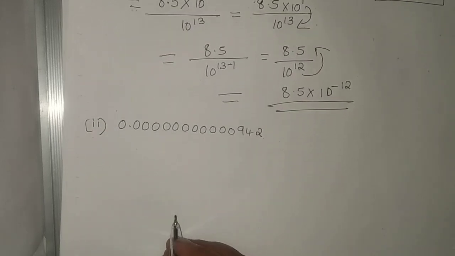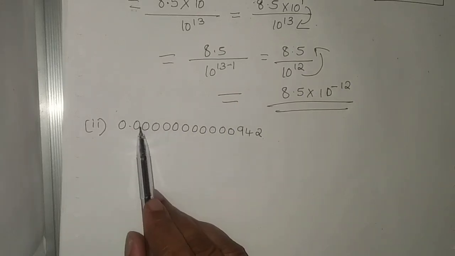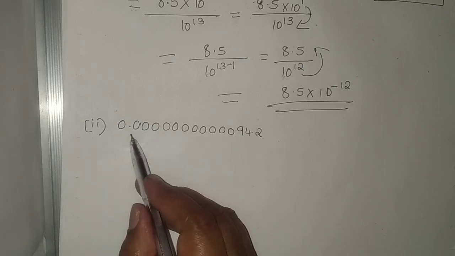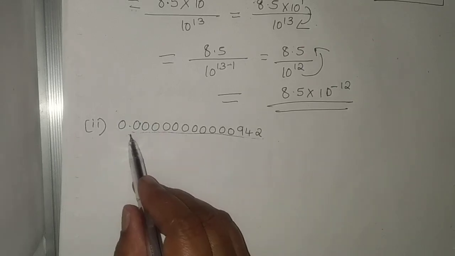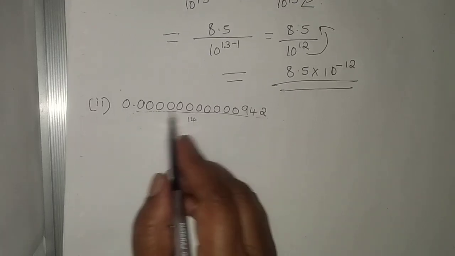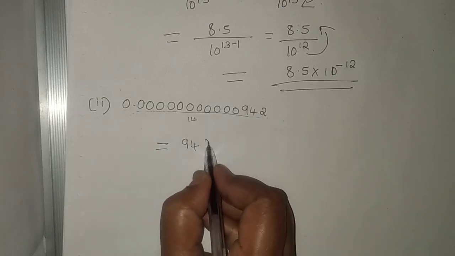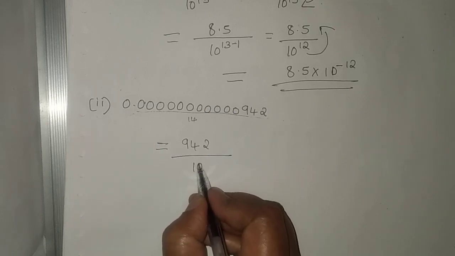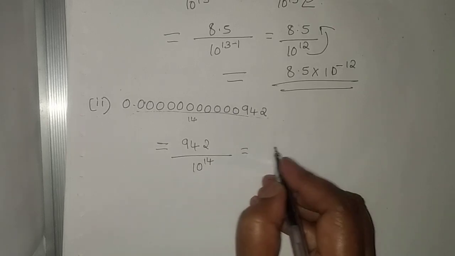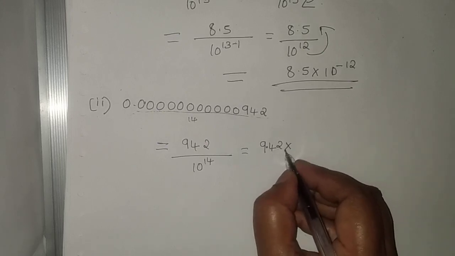So next is the second problem given here. See, after the decimal point how many numbers are there? 11 plus 3 means the total is 14. 14 are there, so these 11 zeros plus 3 numbers. We have to write 942 divided by 10 power 14, which is equal to 9.42 into how much?